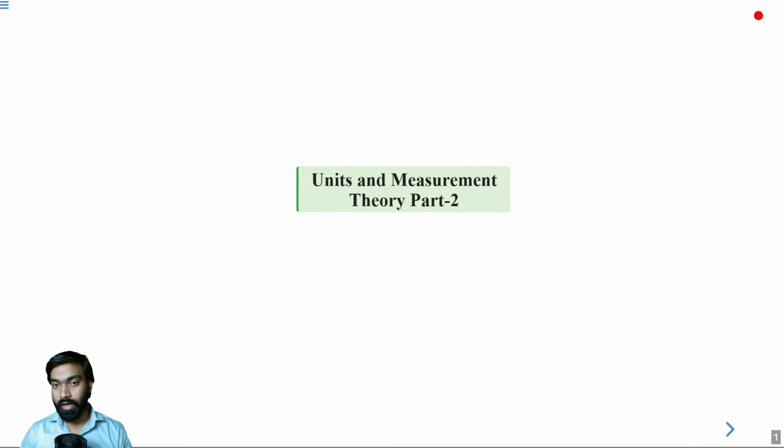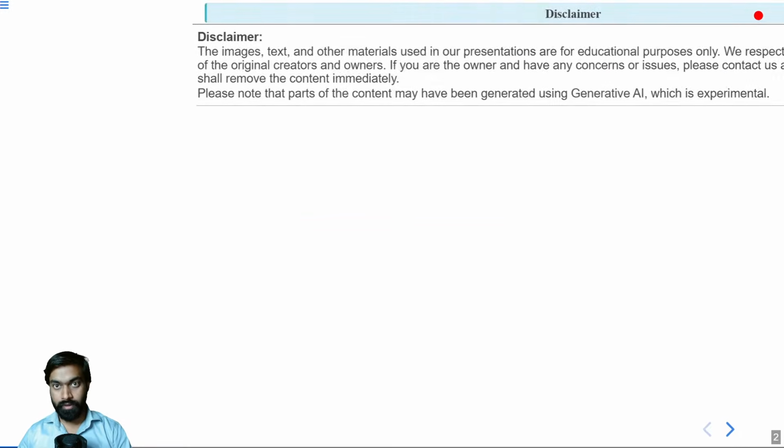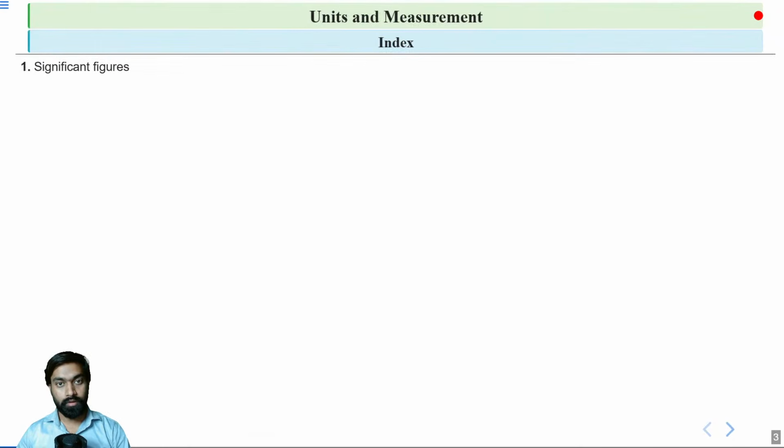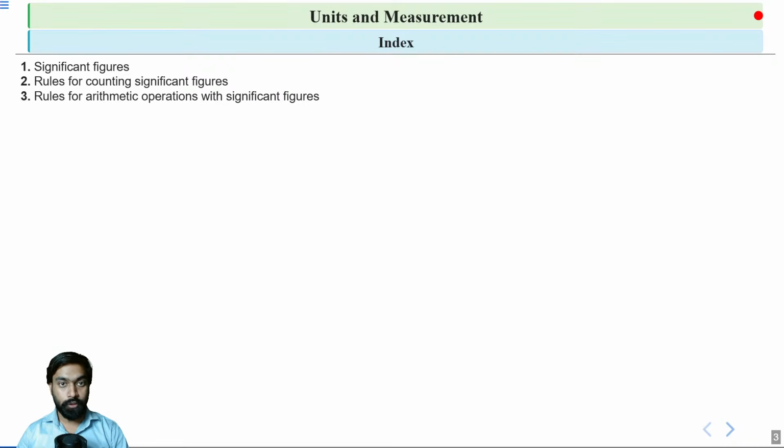Students, now we will learn the second part of units and measurements. This is our disclaimer. Here we will cover significant figures, rules for counting significant figures, rules for arithmetic operations with significant figures, and rules for rounding of the uncertain digits.